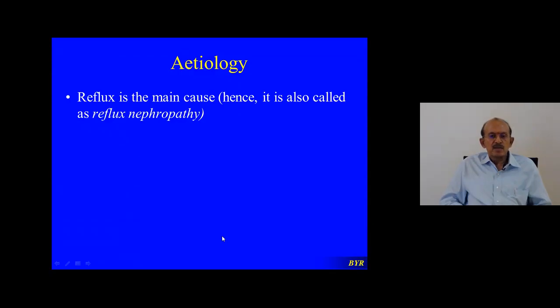What is the main histological feature in chronic infections anywhere in the body? The histological hallmark of chronic infection is granulation tissue.